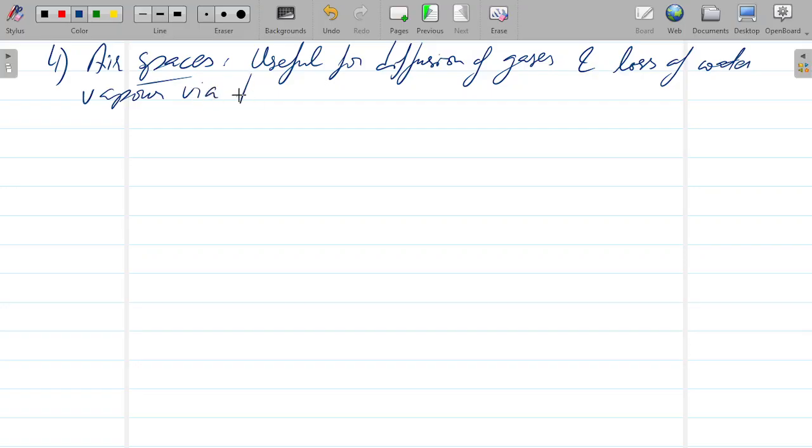So that's something we'll talk about in the next chapter, transpiration. So, right, water vapor evaporates from the surface of cells, and then is removed from the stomata.